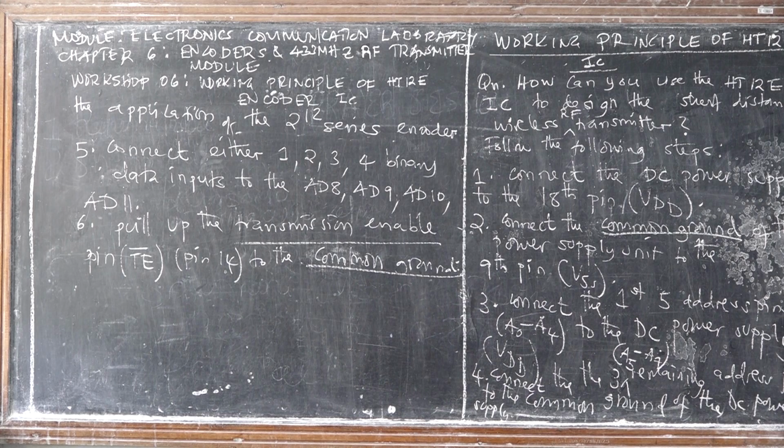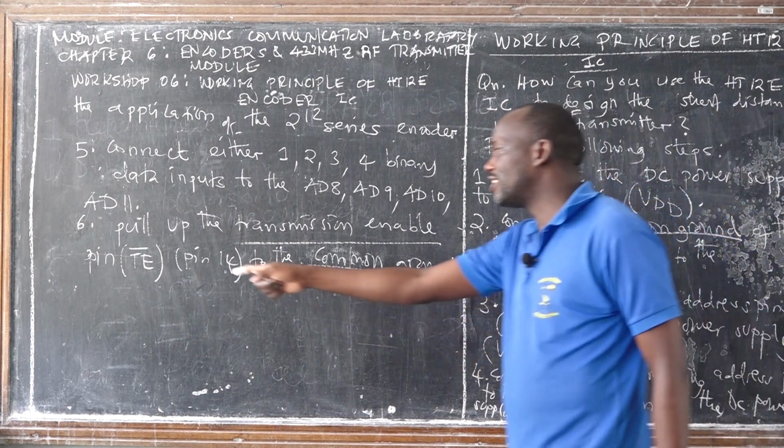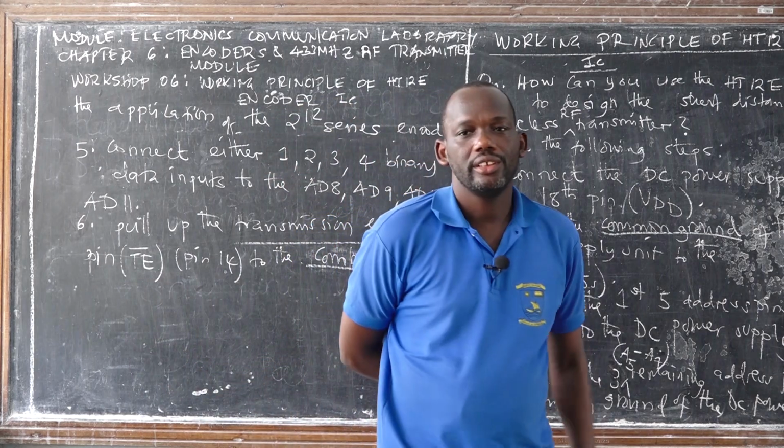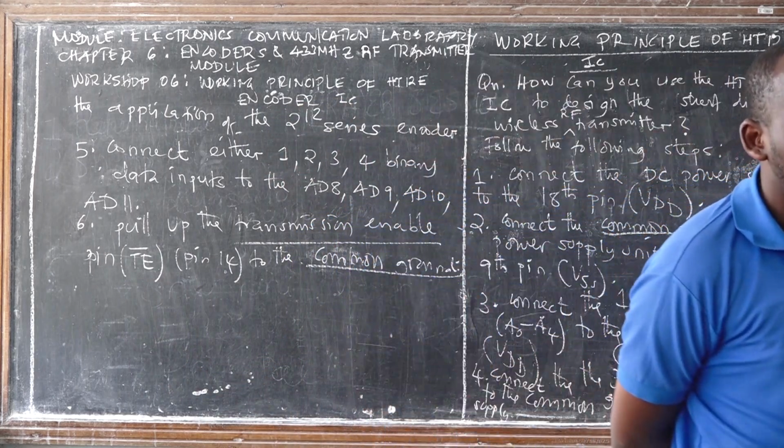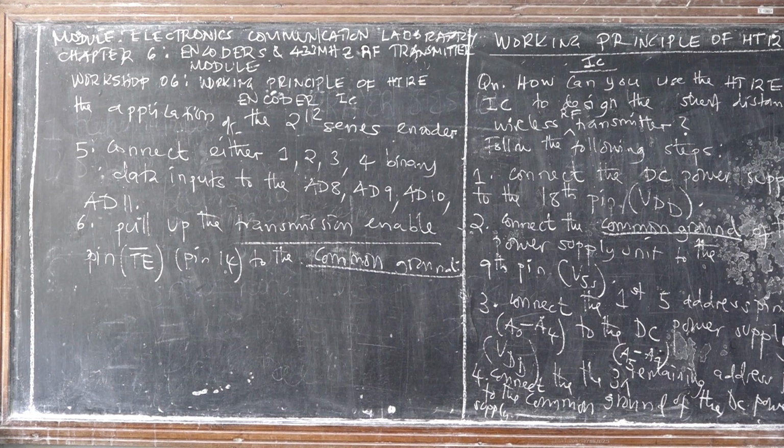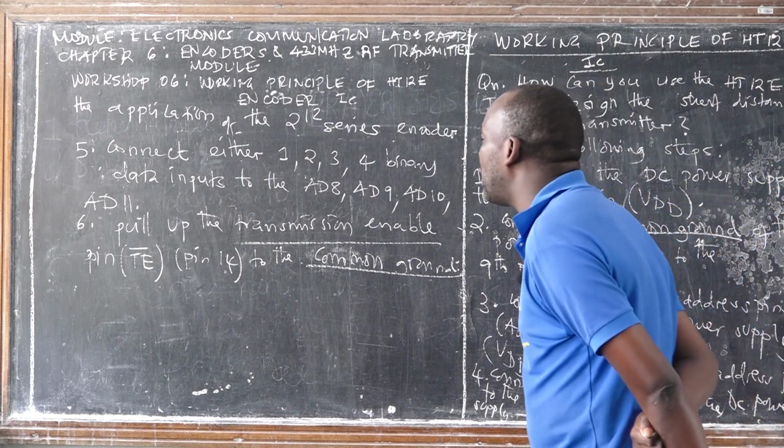In W15-1, W15-2. So 1, 2, 3, read this step 60. Pull up. Is it a pull up resistor? 1, 2, 3, read it. Pull up what?